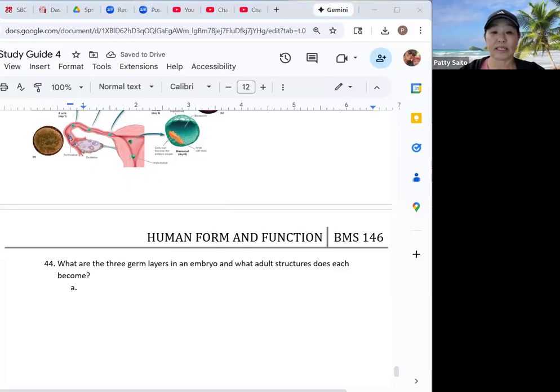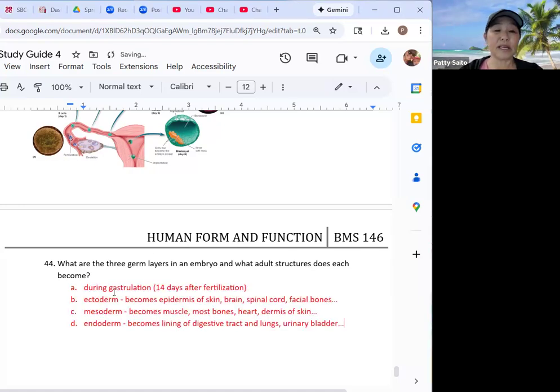Let me show you a picture too about the movement of those cells to form the three layers. About 14 days after fertilization, we get a process called gastrulation, which forms these three layers.